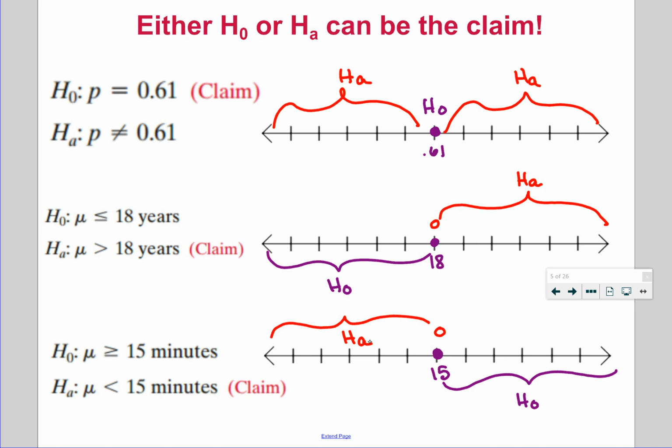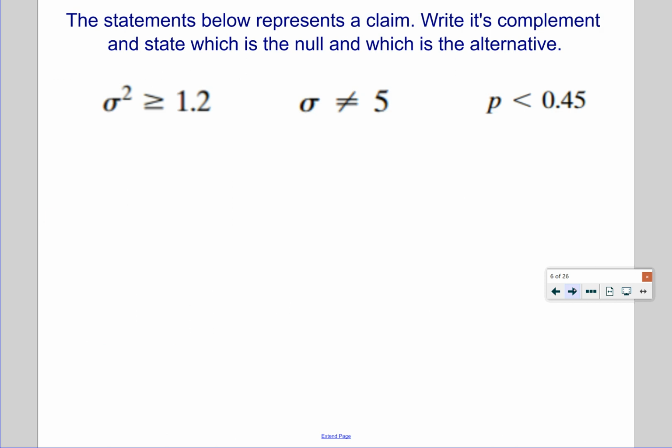So what we're going to do first on the back side of your paper is practice, if we're given a claim, writing its complement and then labeling which one is the null and which one is the alternative. Okay, so this first one is about variance. That's our little sigma squared, variance.